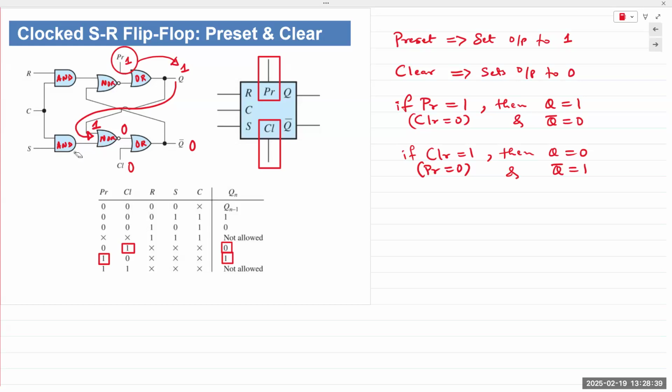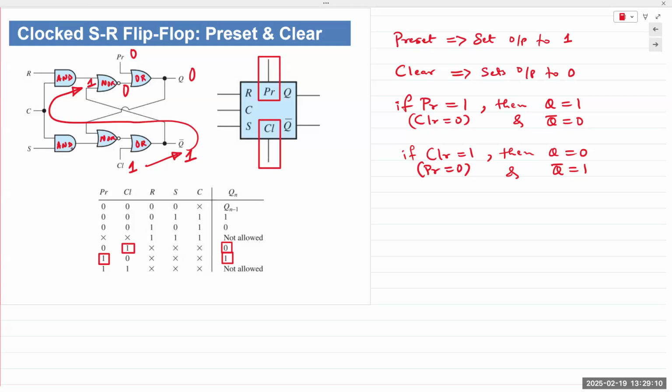All right, then let's quickly look at what happens when the clear input is set to 1. When the clear input is set to 1, preset is set to 0. The output of the OR gate here gives me Q as 1. That 1 is fed back as input to this NOR gate. The output of that NOR gate would go to 0. And then 0 and 0 put together would give me Q as 0.